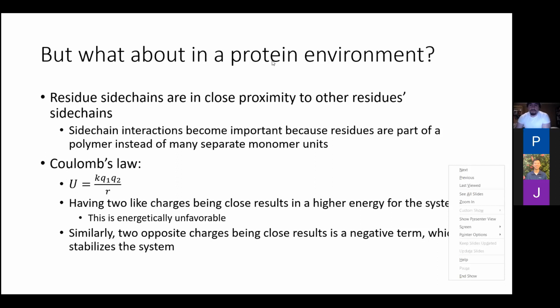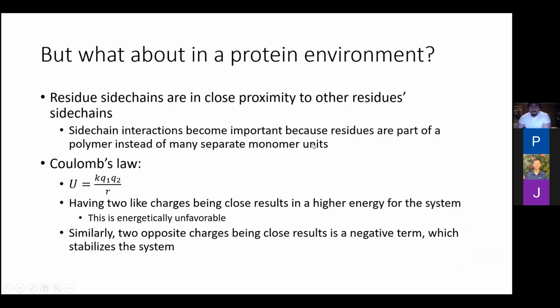Think of it in terms of Coulomb's law, where the electrostatic energy is proportional to the charges divided by their distance from each other. Two like charges result in a positive energy value, which is energetically unfavorable. Opposite charges lead to a negative U, which is stabilizing because you want the lowest energy possible.